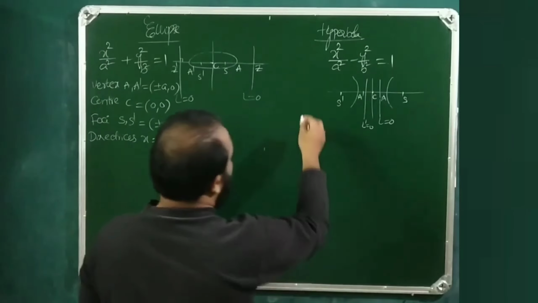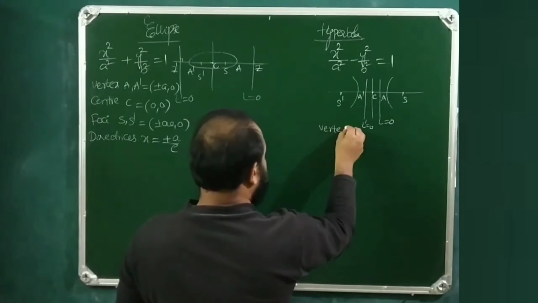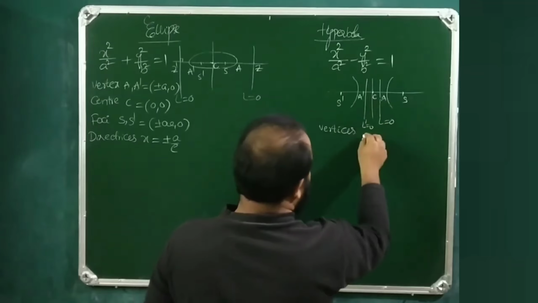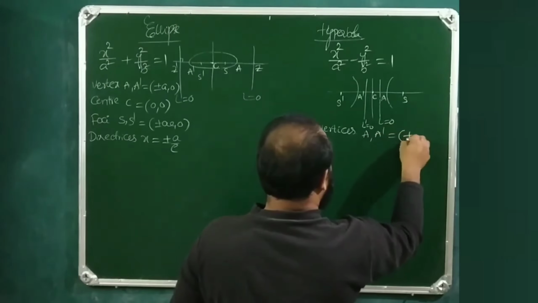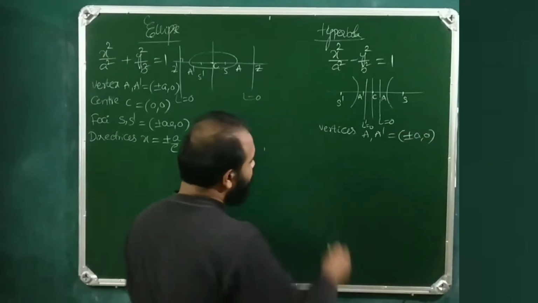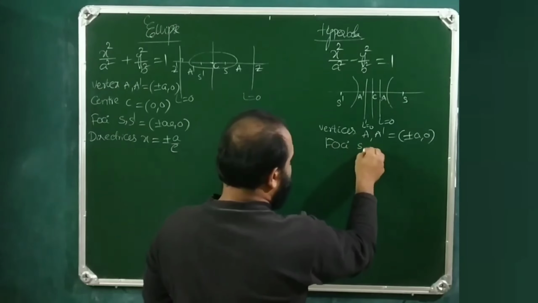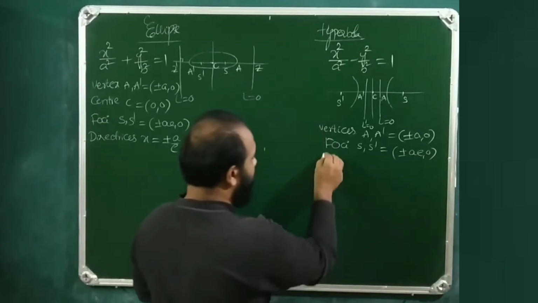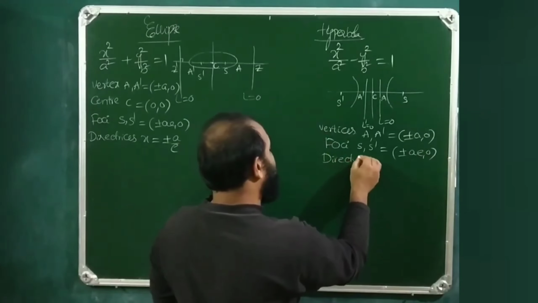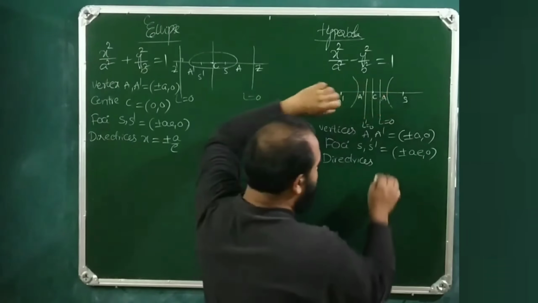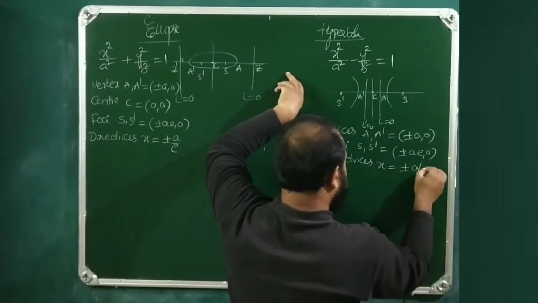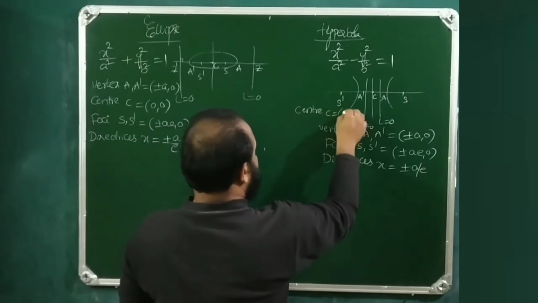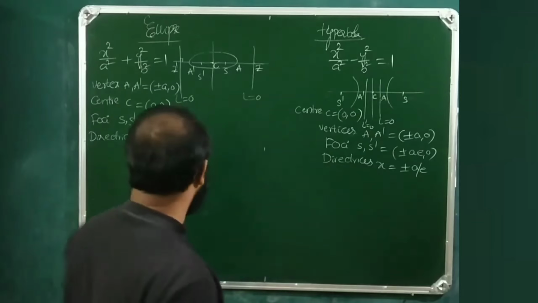The same here also, the vertices A, A dash are equal to plus or minus a comma 0. Foci S, S dash are equal to plus or minus ae comma 0. Directrices, this and this, x equals plus or minus a by e, and the center C is equal to 0 comma 0.